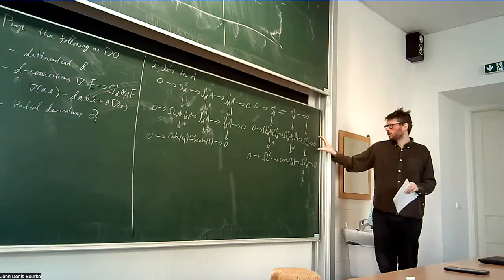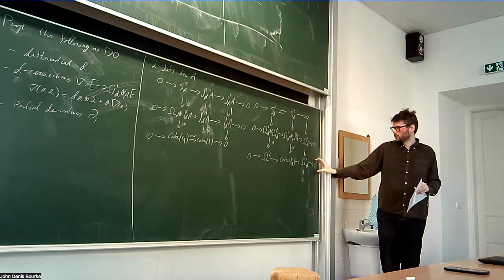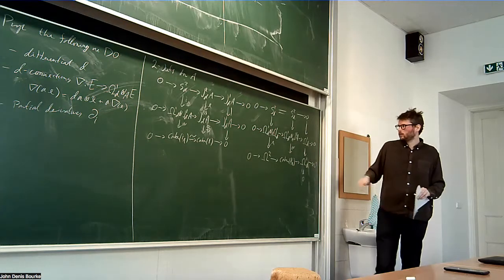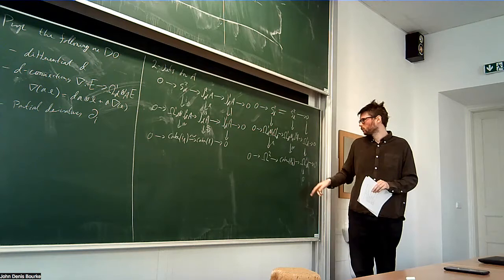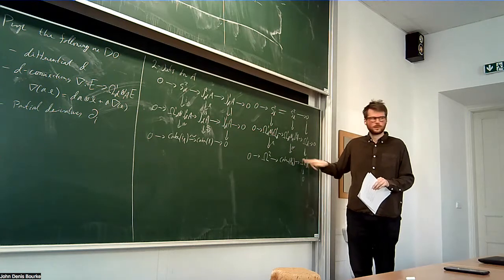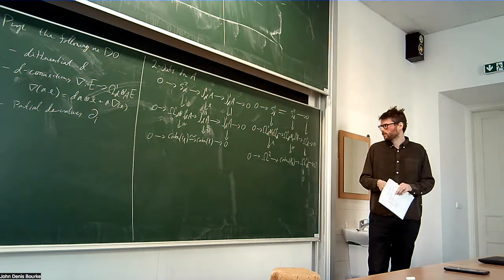But here we have more information because we can actually get a splitting of this, which induces a splitting of this. And then we can use the commutativity of this diagram to compute the components of this splitting. And this will be a splitting with respect to left modules.